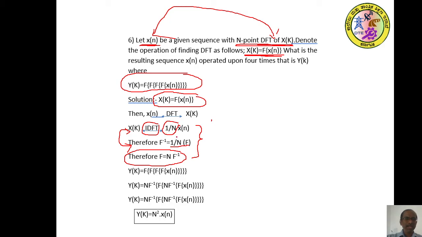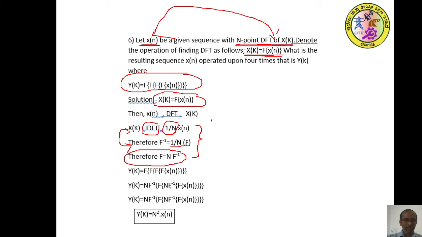Now let us relate this formula. The inverse Fourier transform can be obtained from F by an extra multiplication of 1 by N, because mathematically it's a sum of products. And the conclusion, F is equal to N into F inverse. So wherever F is there, you can replace it by N times F inverse. One F you keep as it is.